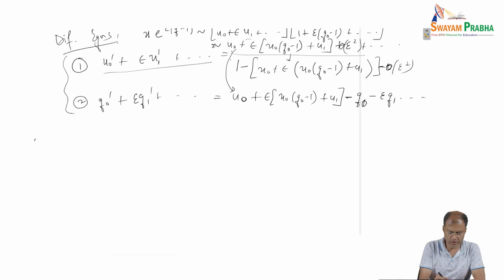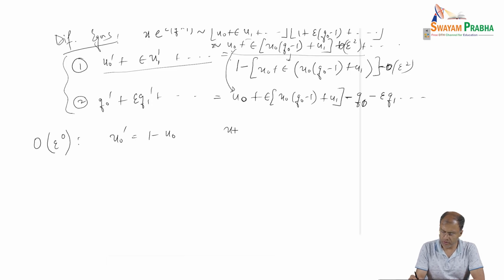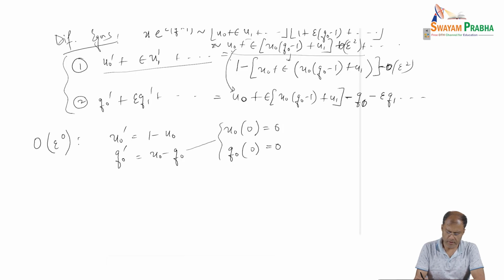So if we start to equate the order epsilon to the power 0 terms, we get q naught prime is 1 minus u naught, and u naught at 0 is 0. And the order epsilon to the power 0 term for q is u naught minus q naught, where q naught of 0 is 0.